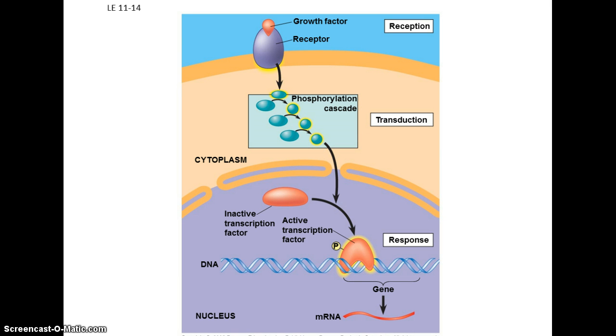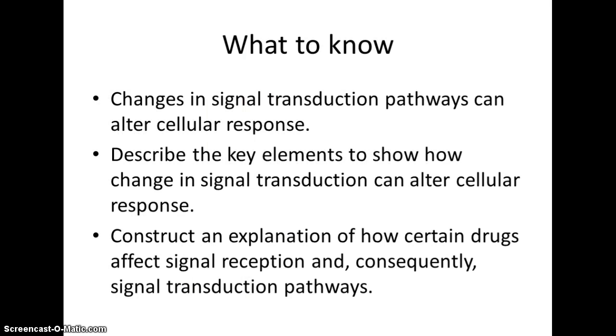In this example, it is activating the transcription factor. So things I'd like you to know is to understand that you can change the signal transduction, and it's going to have some different response. You need to understand a little bit about how that signal transduction alters that cellular response and describe it, and construct an explanation of how certain drugs affect that.